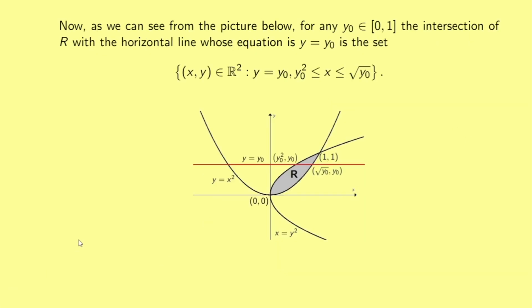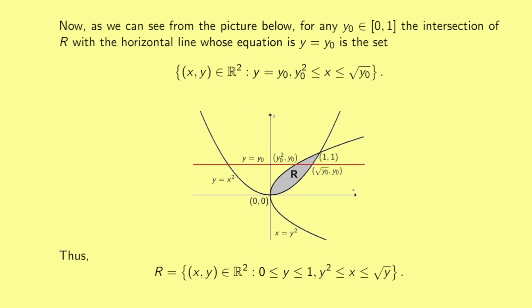Observe that if we fix some y between 0 and 1, and we take this horizontal line y equals y0, looking from the left to the right, this line enters the region at this point here, and it exits the region at this point here.